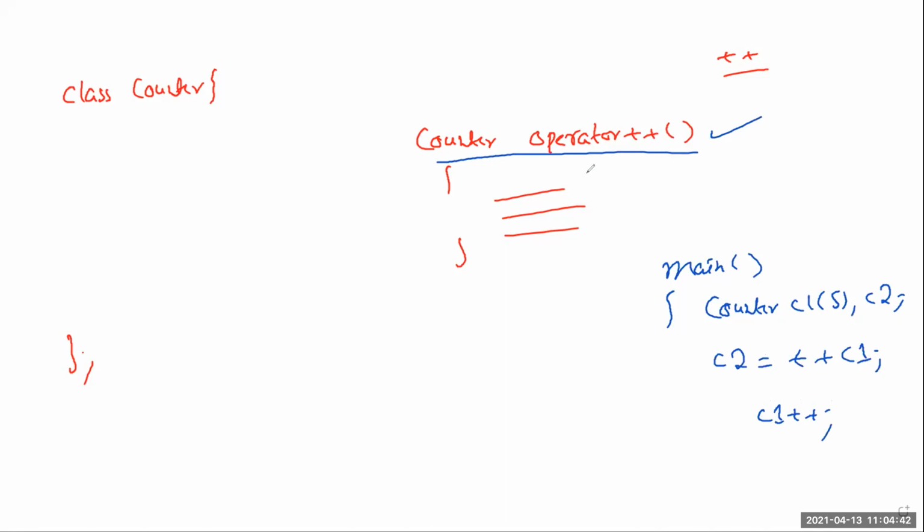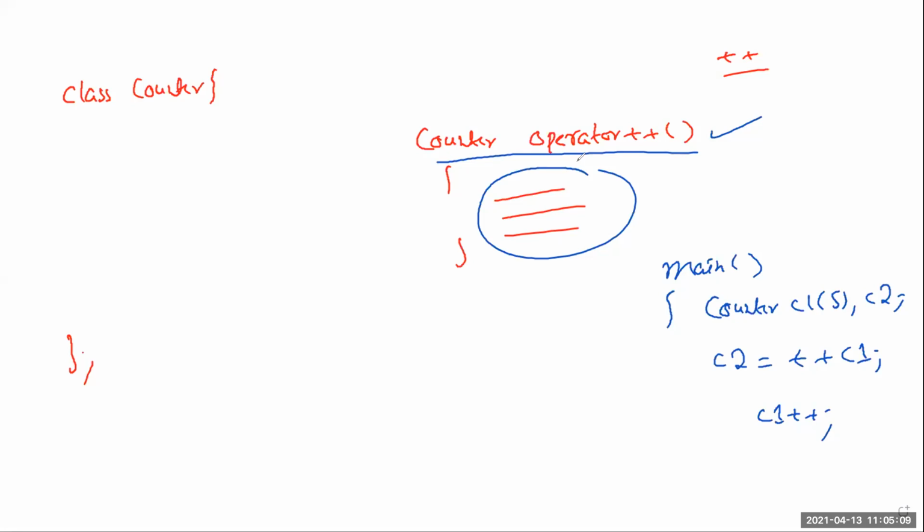In the prefix version we first increment and then copy, but in the postfix version we first copy and then increment. So the body of the postfix version is different from the body of the prefix version. We agree on it, right? Otherwise they would be the same operator, and if they had exactly the same behavior, there would be no need for two versions.